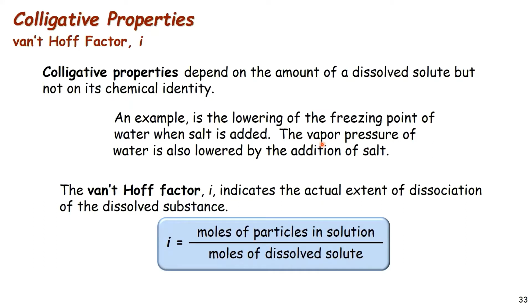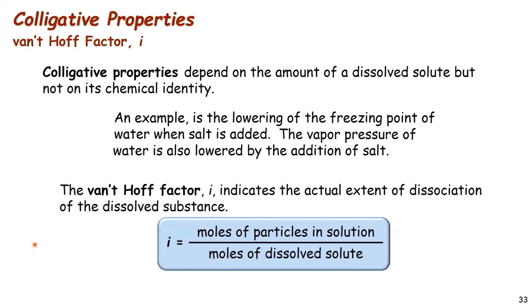So for molecular compounds that just dissolve and form individual molecules, well, that's just one molecule per particle. But for things that dissociate, ionic compounds, well, for example, sodium chloride, you throw it in water, it dissociates into a sodium ion and a chloride ion. So that one sodium chloride that you throw in there is now two particles.